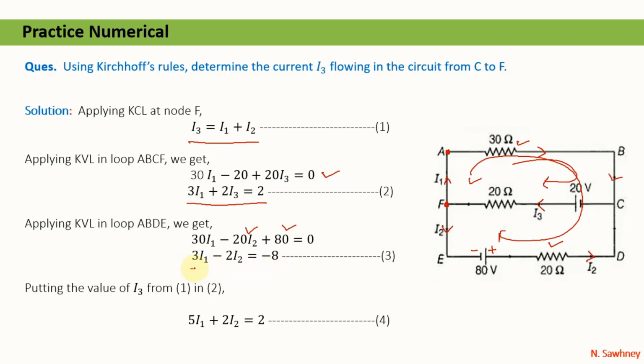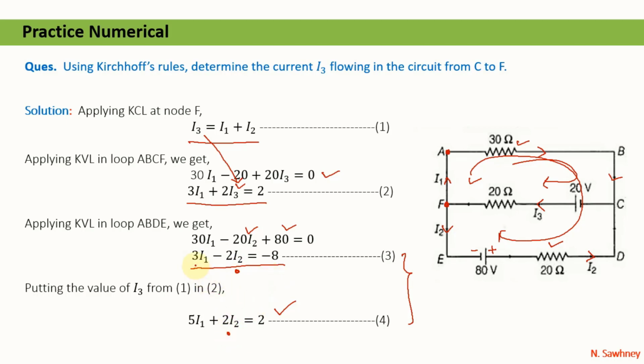Now we have to solve equation 2 and equation 3, but here there is one extra term, that is I3, so we will put back the value of I3 from equation number 1 in equation number 2. So after rearrangement we have obtained equation number 4. Now see equation 3 and equation 4. If we simply add these two equations, these terms minus 2I2 and plus 2I2 will cancel each other.